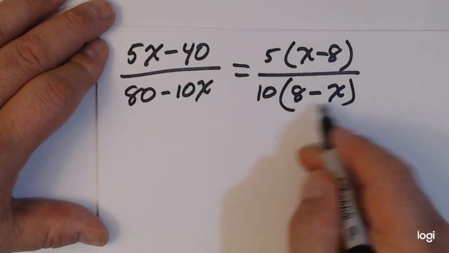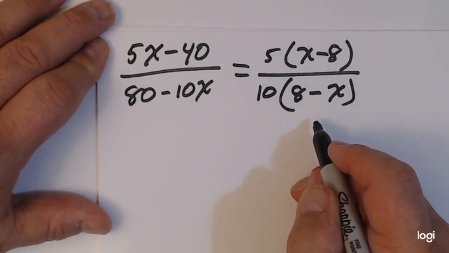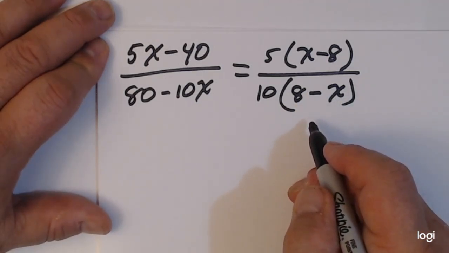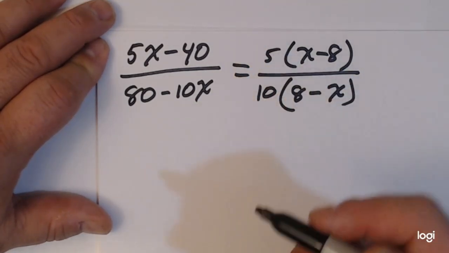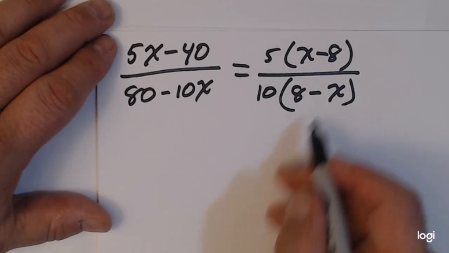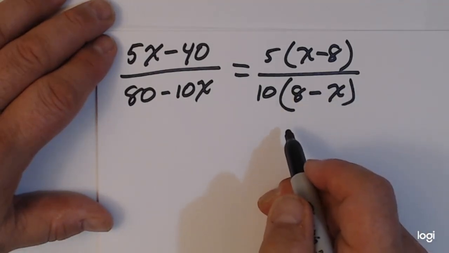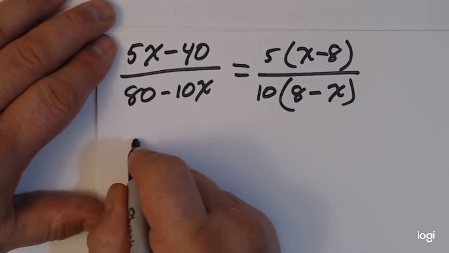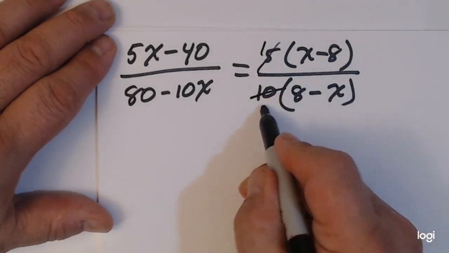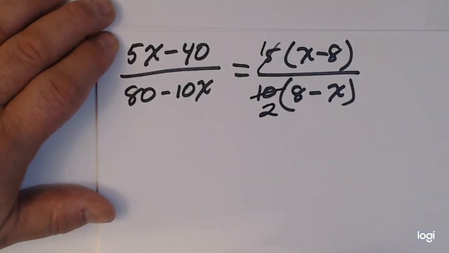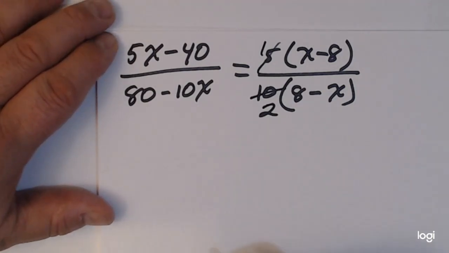Well, we're going to have to flip around this denominator. Now, first notice, well, I'll get to that in a bit. Let's take care of the factoring out of the negative 1. So I'm going to do this now. 5 goes into 5 once, into 10 2 times, so we can reduce the 5 over 10.